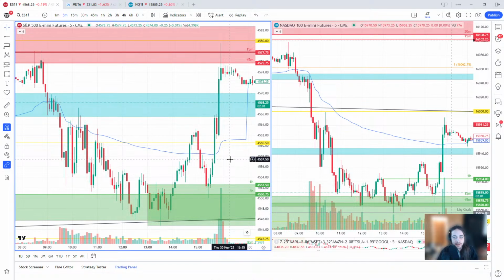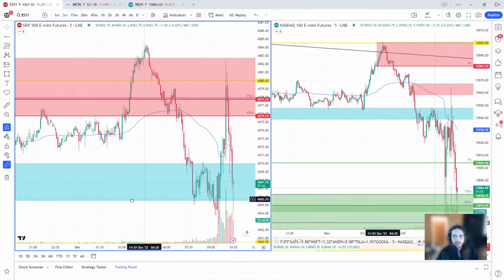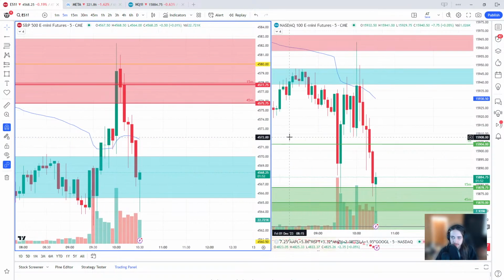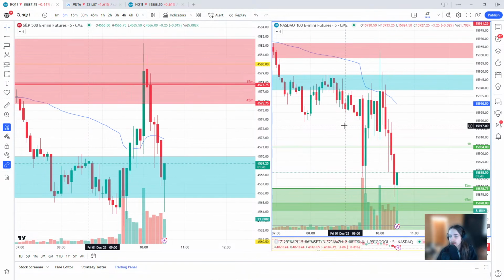Oh yeah, look at that. Yup, absolutely. Nasdaq's definitely been a bit weaker. Gotta remember, too, all these shorts, let's see if we want to squeeze. I'm waiting.